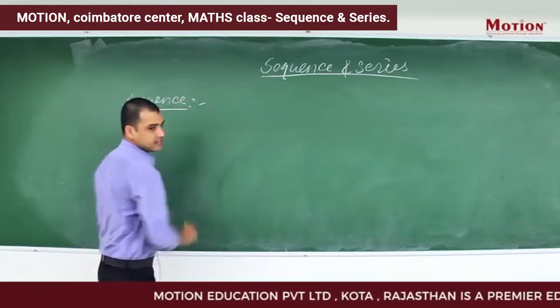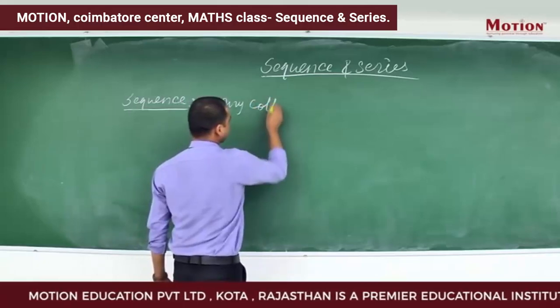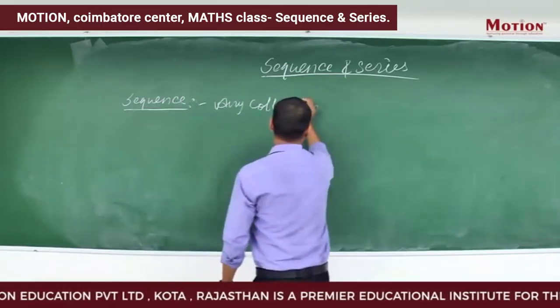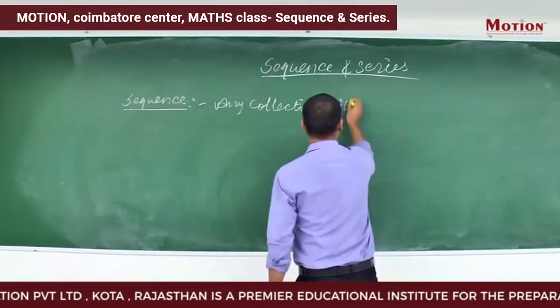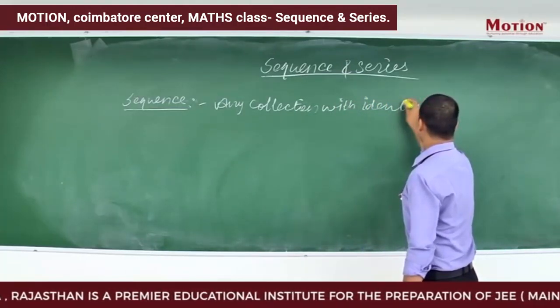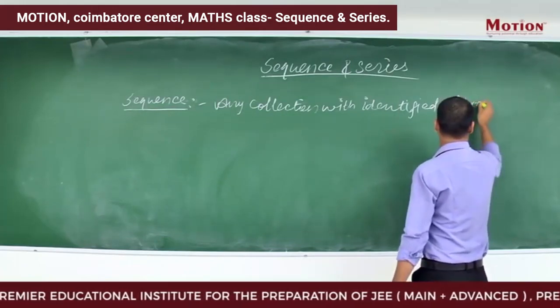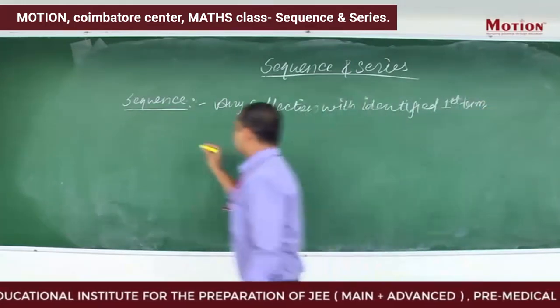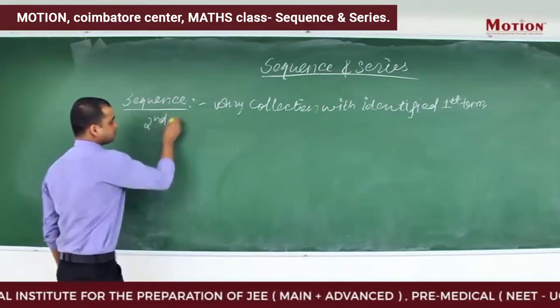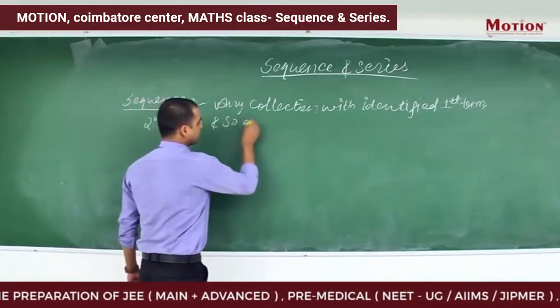So what is a sequence? Any collection with an identified first term, second term, and so on.